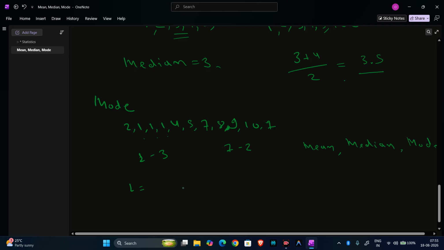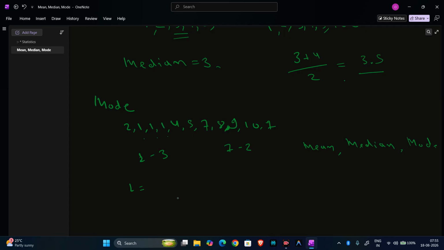So we'll see the point of these three, where we need to use mean, median and mode. Mode is just the element that occurs the maximum number of times. If we have more data, say here 7, 7 again, so here we have 7 four times, right? So mode will be 7. The element that occurs the maximum number of times will be our mode.